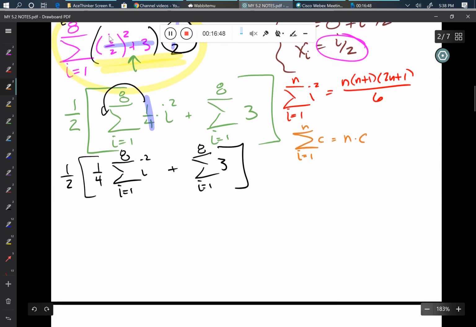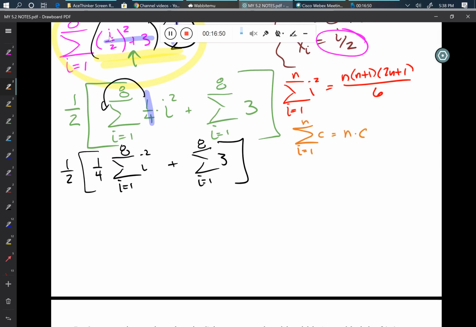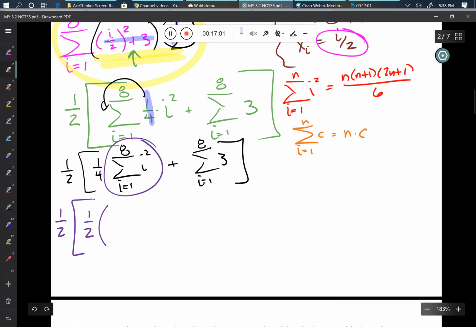So now I'm going to apply those summation formulas to my example over here. The 1/2 out in front stays. The 1/4 stays. But this first summation is going to get that red formula over there. So it's going to be n, 8, times n plus 1, 8 plus 1, times 2n plus 1.